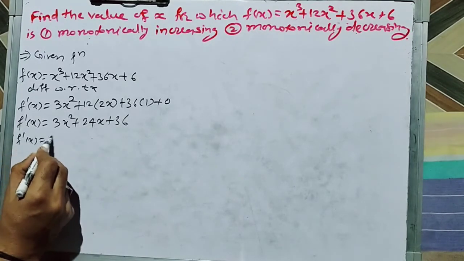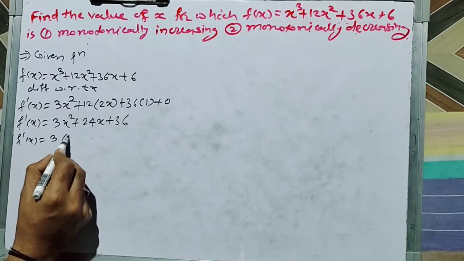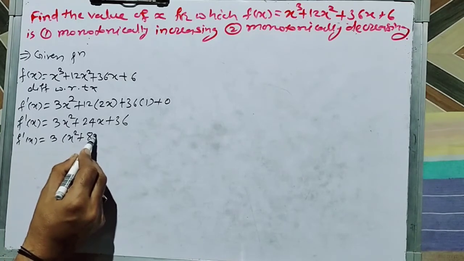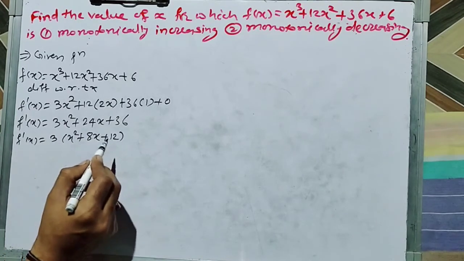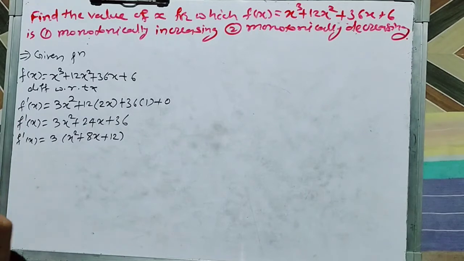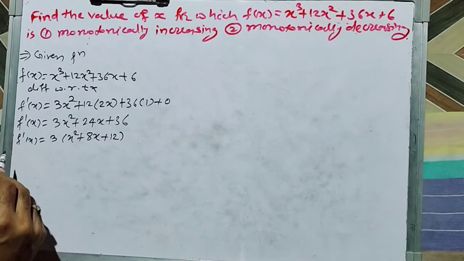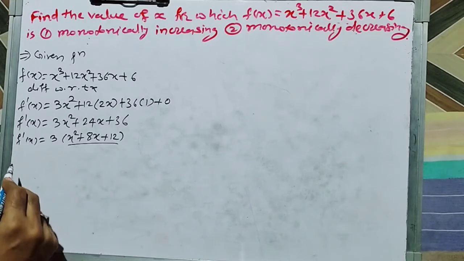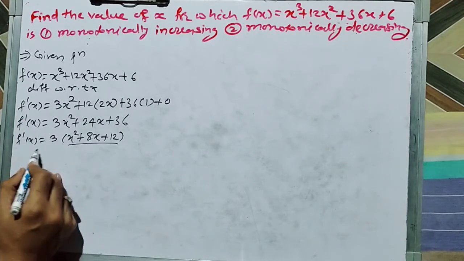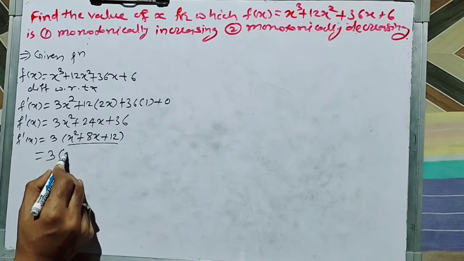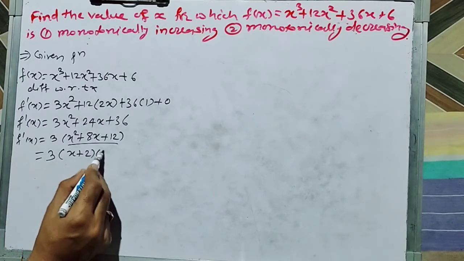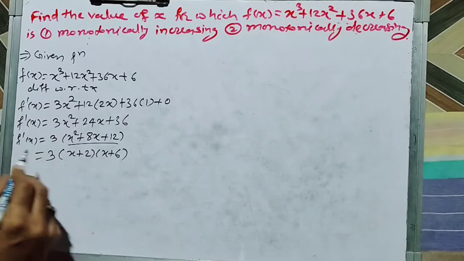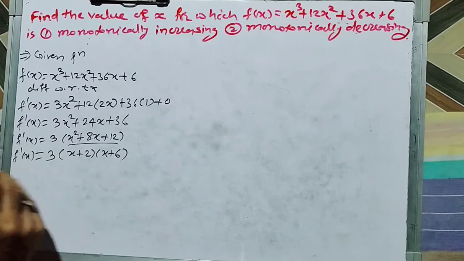Now we take 3 common: x square plus 8x plus 12. Factoring this, 6 times 2 is 12, so f'(x) = 3(x plus 2)(x plus 6).